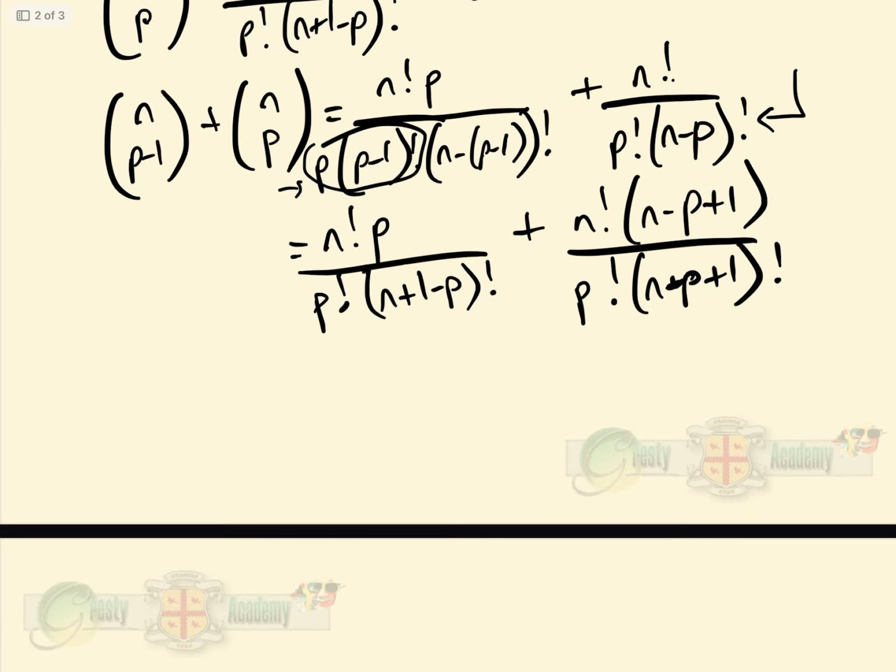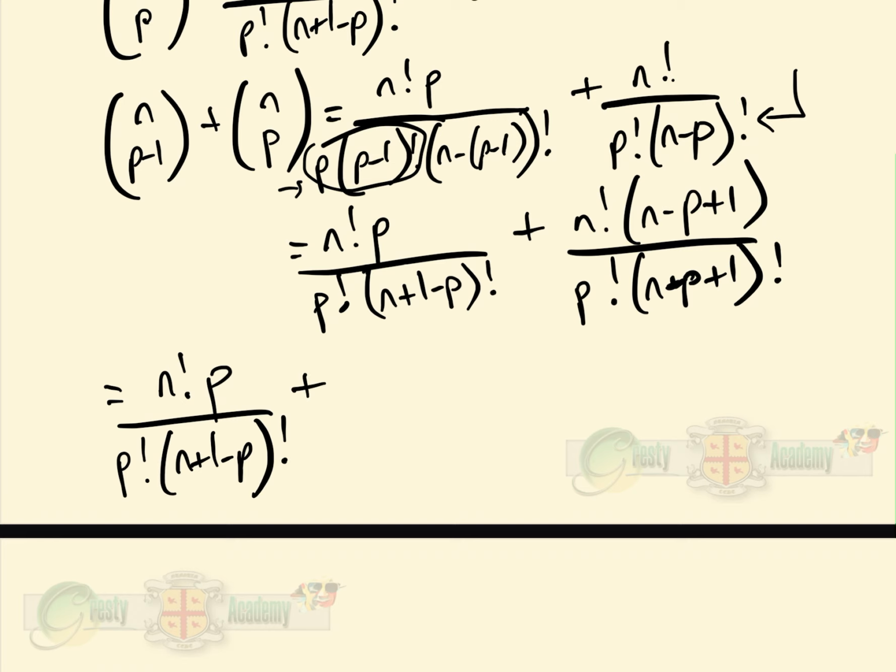And then basically all we need to do now is just expand all of this. That equals n factorial p over p factorial (n plus 1 minus p) factorial add.